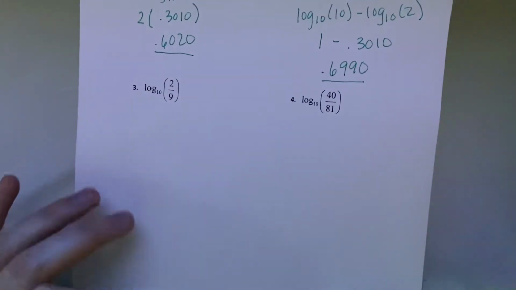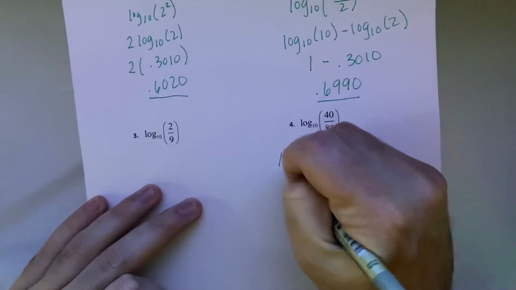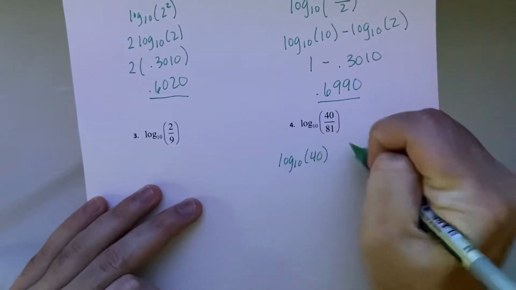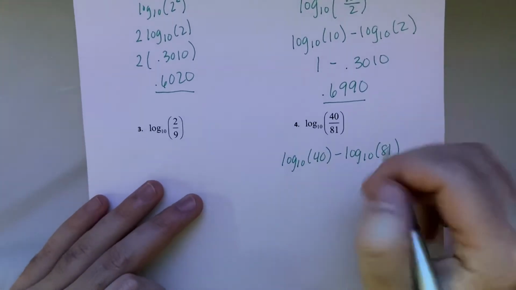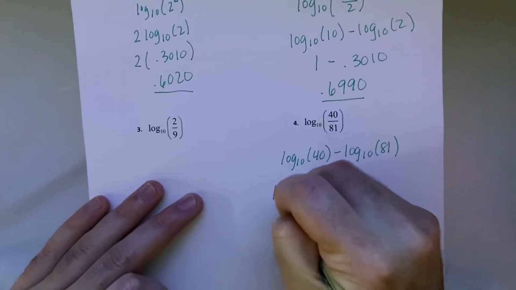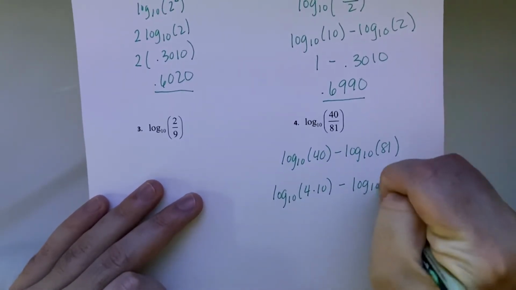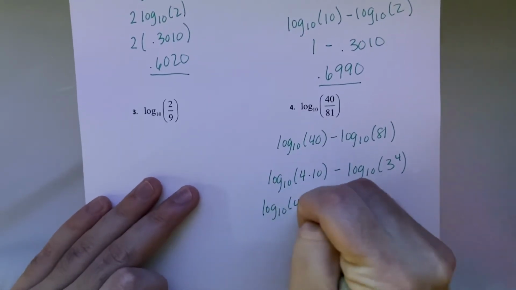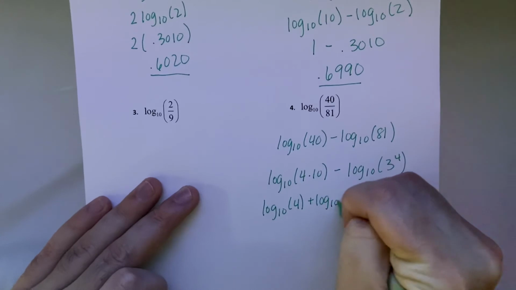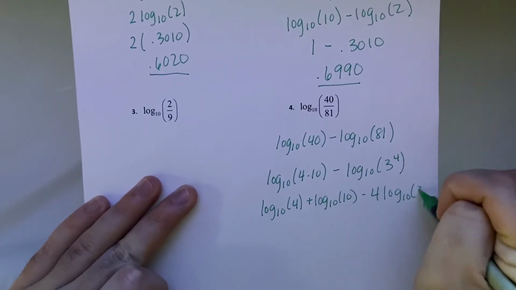So let's see, we'll do one more. Let's do log base 10 of 40 over 81. So this is log base 10 of 40 minus log base 10 of 81. And we know 81 is 3 to the 4th. And 40 is 4 times 10. So this is the log base 10 of 4 plus the log base 10 of 10 minus 4 times the log base 10 of 3.